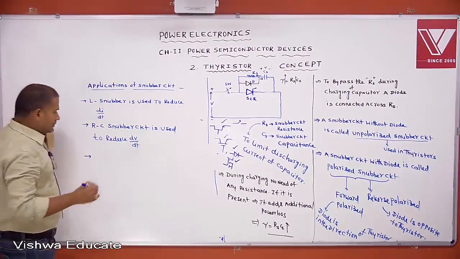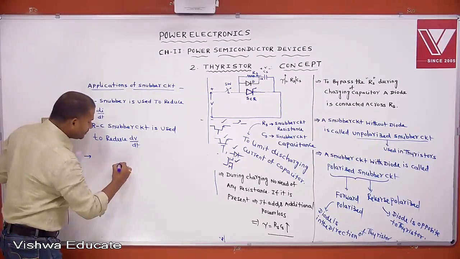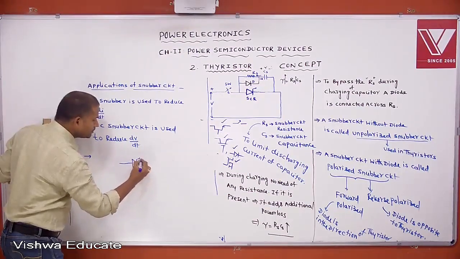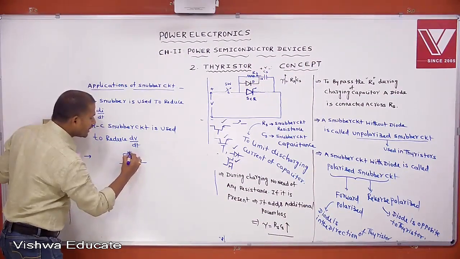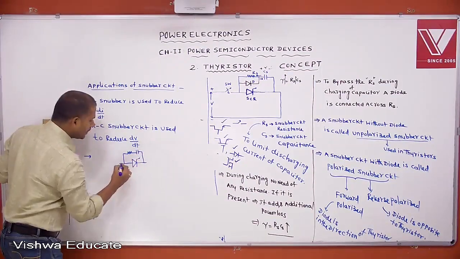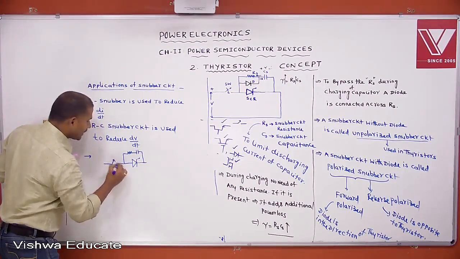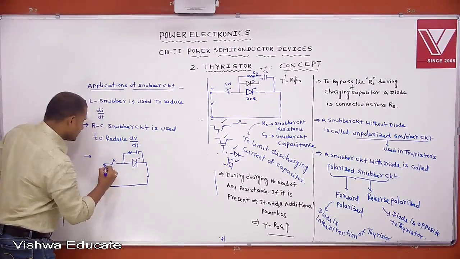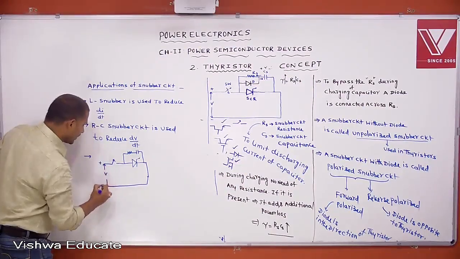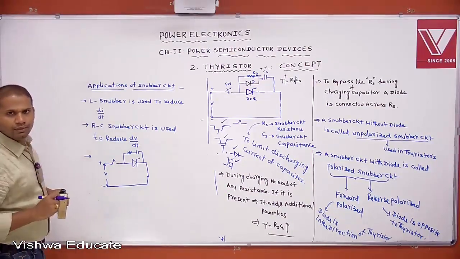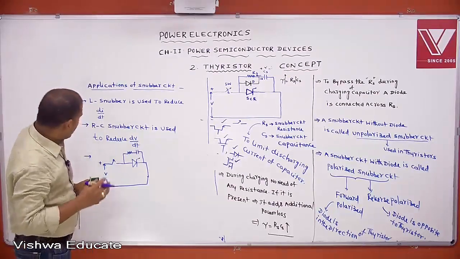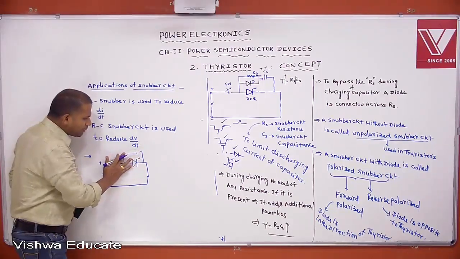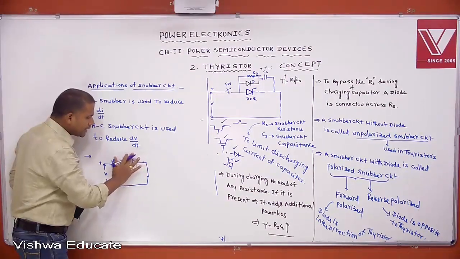Another point you should remember, one observation. Let us assume the thyristor is under forward blocking mode, with an RC snubber circuit, a switch arrangement, and supply voltage V, positive and negative. Suppose the snubber circuit is not present.